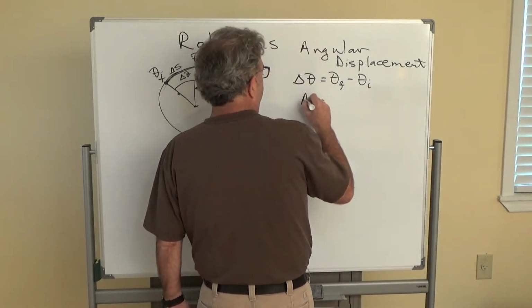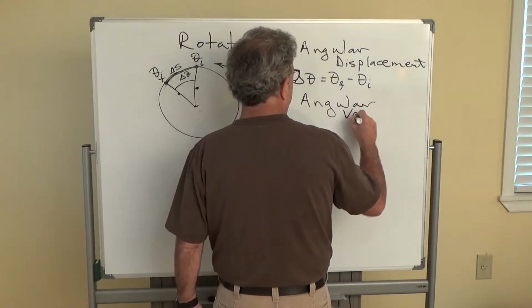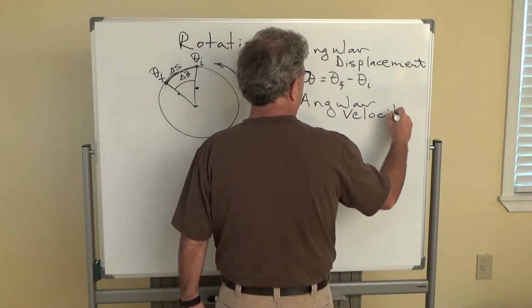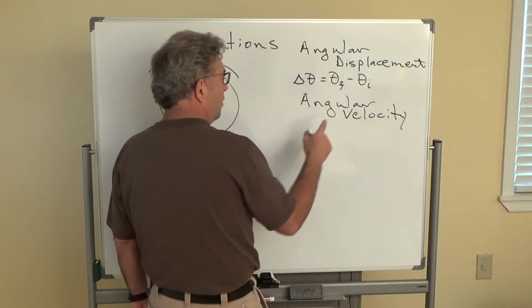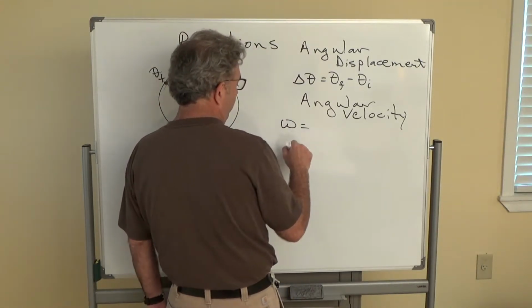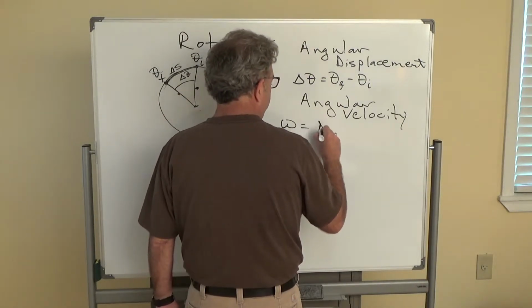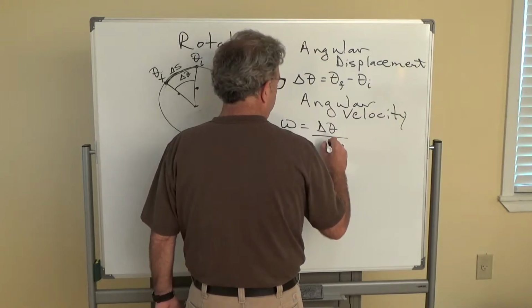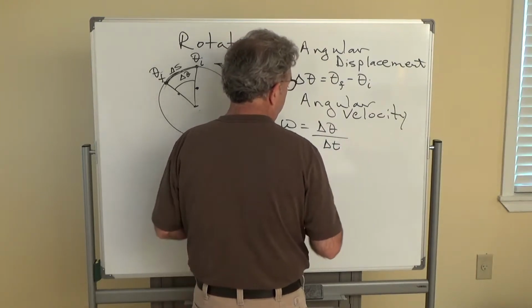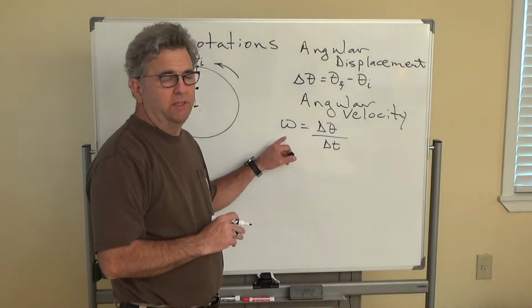Then we can define angular velocity. Angular velocity, we give it the letter that's not w, that's omega. Omega is delta theta divided by delta t. That would be the average angular velocity.